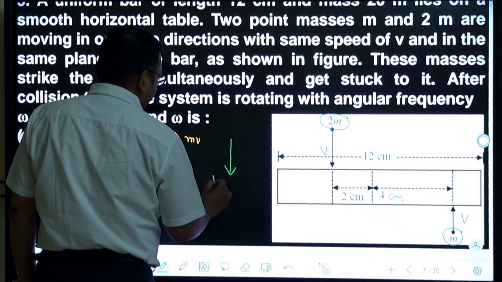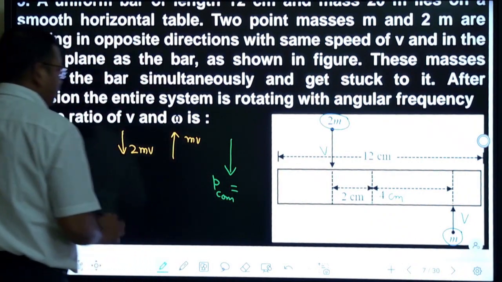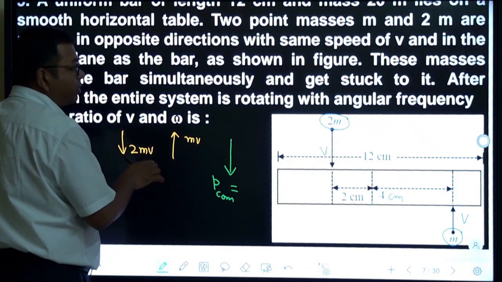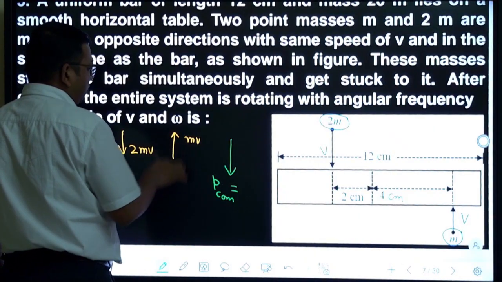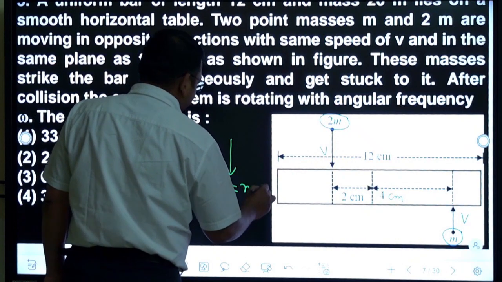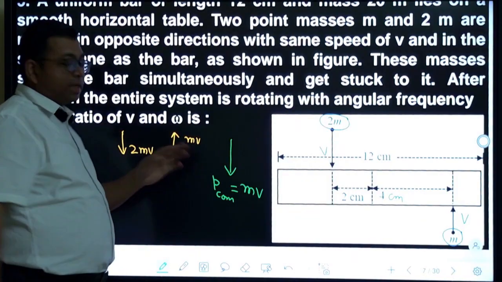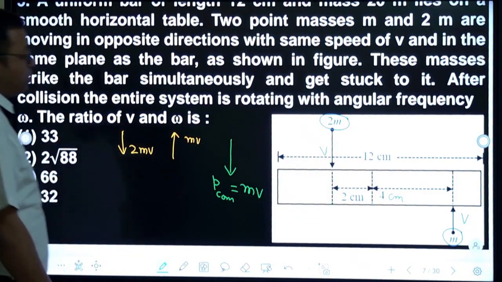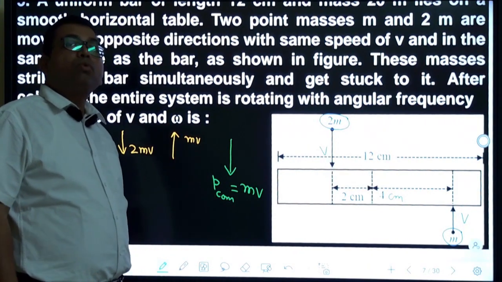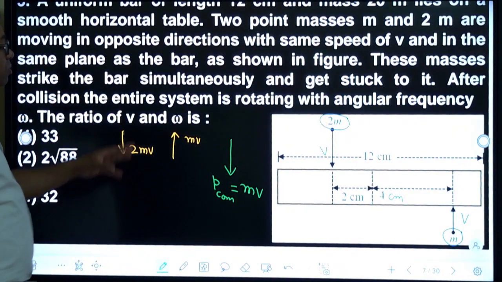What is the net momentum of the system, or momentum of center of mass? So subtract it. Downward direction 2mv, and m into v upward, will give downward m into v. You should not add them because they are opposite, so you have to subtract them, right? So this is the net momentum. That means after collision, the center of mass will continue moving downward.